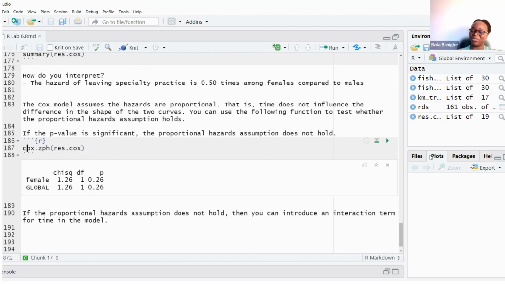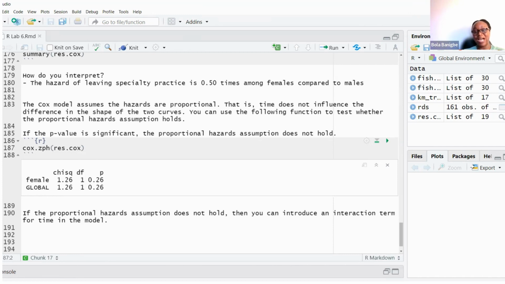Okay, thank you very much, the two of you. So let's take it from first principles, right? We want to see if the assumption of proportionality of hazards holds.